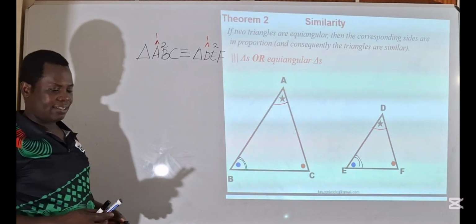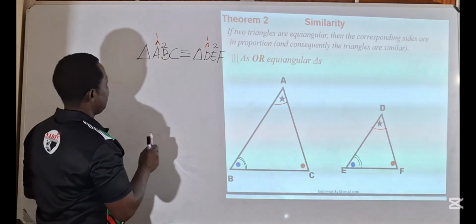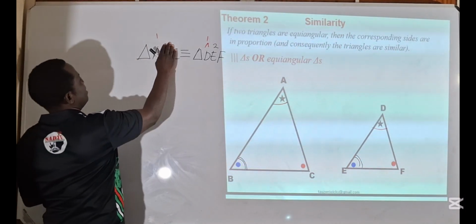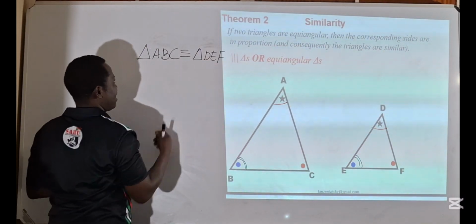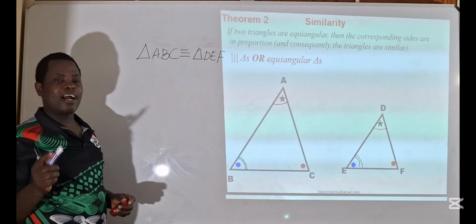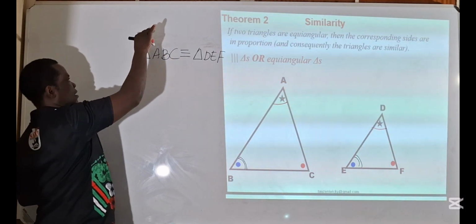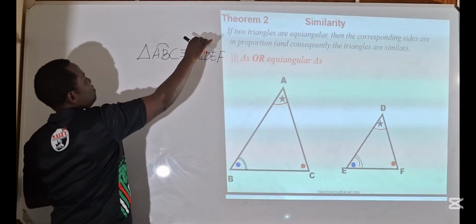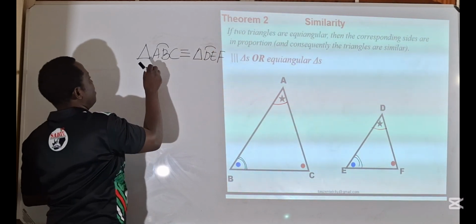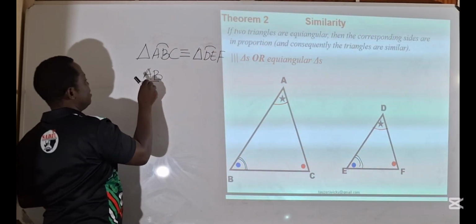Now, get this. If two triangles are similar to each other, and we divide the sides of the triangles, the fractions that we get are always equal to each other. So if you take the first letter to the second one over the first letter to the second one, that means AB divided by DE.